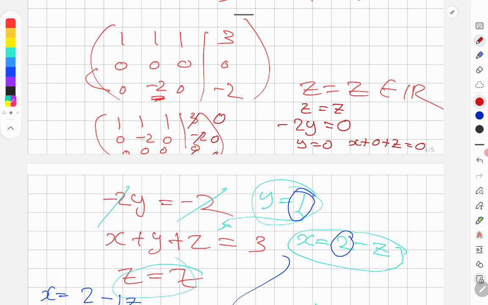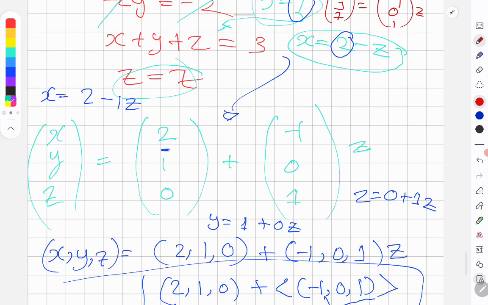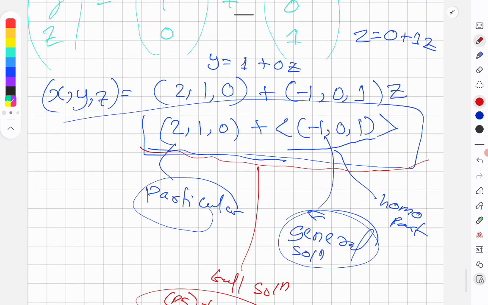I put y equal to 0, so you got x equals minus z. Since z is a free variable, we can write minus 1, 0 and 1. Exactly.